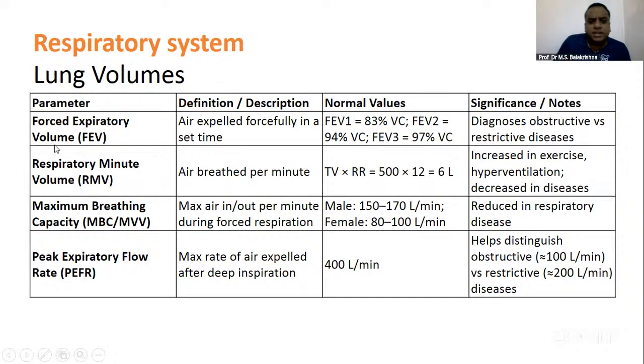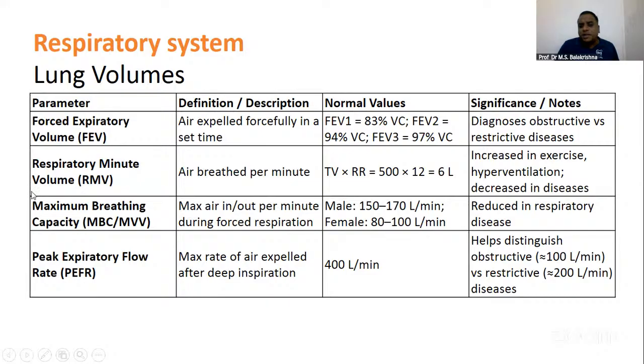This is just for your reference, nothing much. Forced expiratory volume, FEV, is air expelled forcefully in a set time. This is a test they do, and it helps diagnose obstructive versus restrictive disease, whether something is blocking your respiratory system or restricting it.